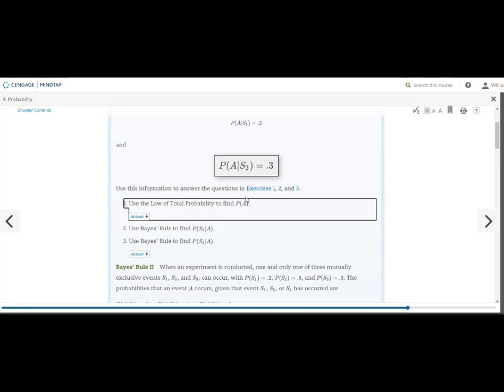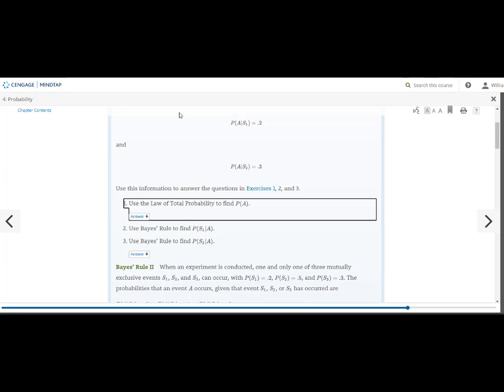So exercise 1. Use the law of total probability to find the probability of A. Okay, so what does that mean, the probability of A? The probability that a student will stay in Beppu. This is regardless of whether they're male or female, just the probability of any APU student staying in Beppu.